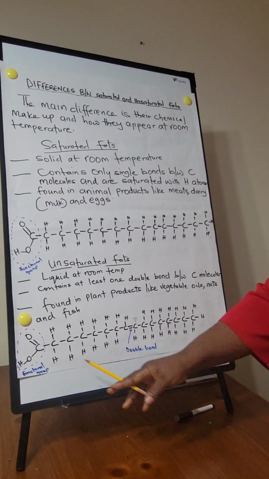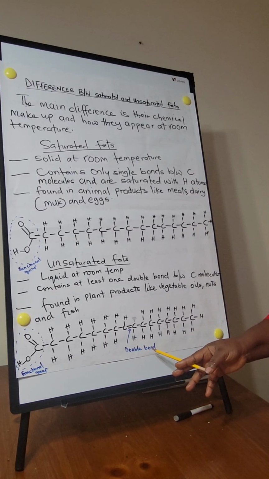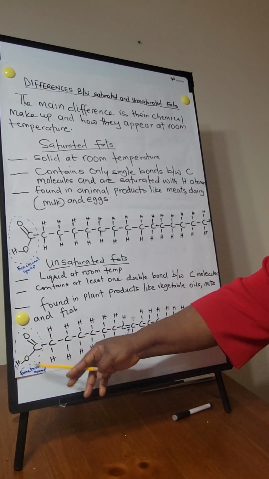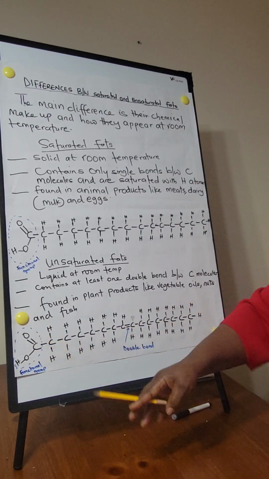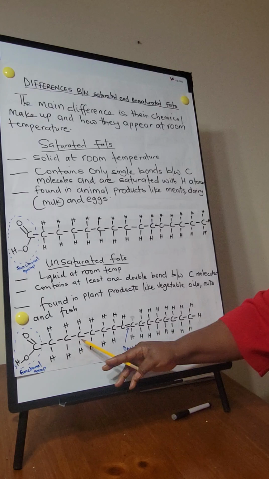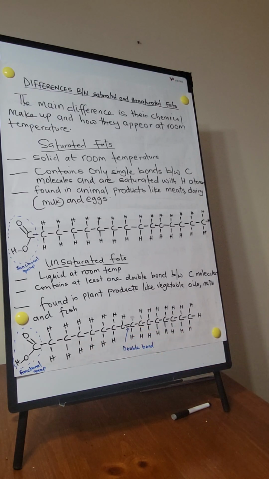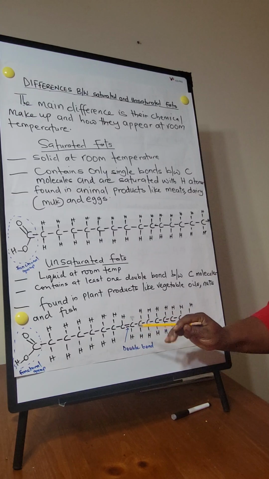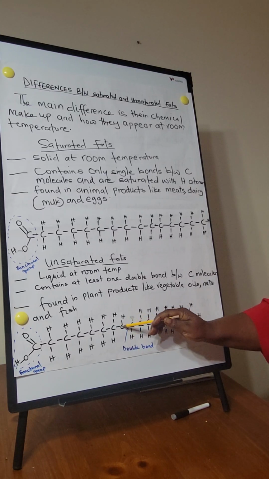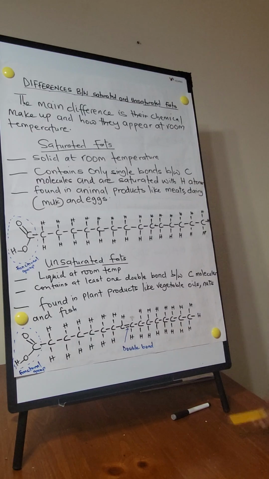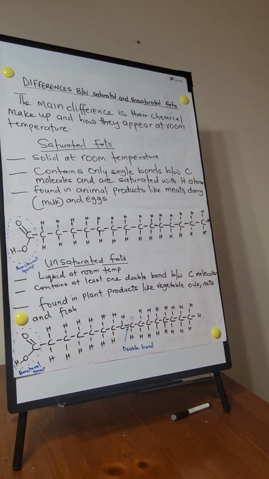If you look at the structure here, this is the functional group, the carboxylic acid group. And then you see we have one double bond here. It may have more than one double bond. This double bond is the thing that makes the difference between saturated and unsaturated fats.